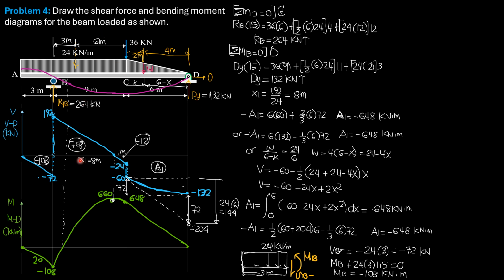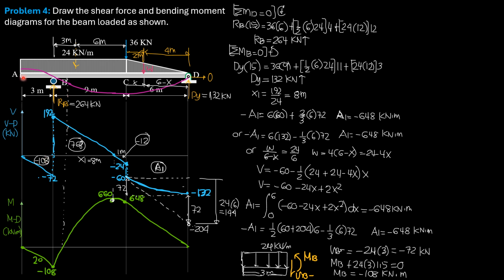Then we have to prepare the construction of the shear diagram first. This is a straight line because the slope of this line is negative 24, the intensity of the loading there. So negative 72 over 3 is negative 24, the w. Then the area is 1/2 of 3 times negative 72, negative 108.